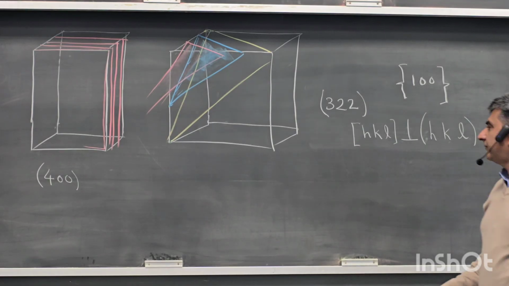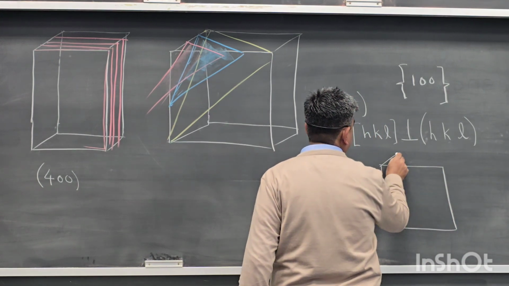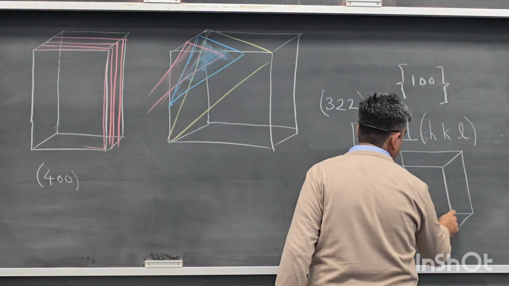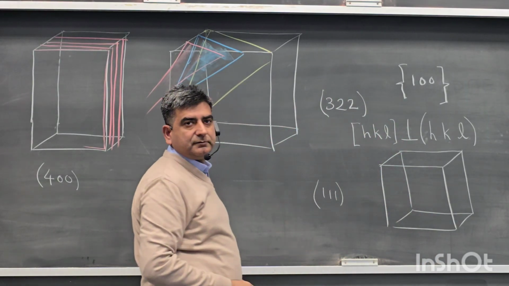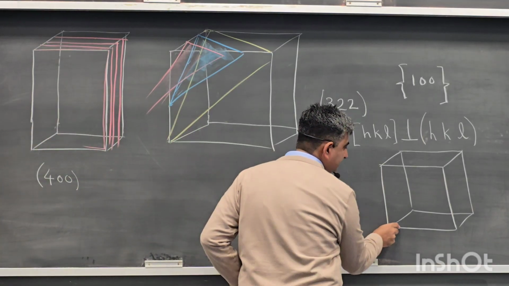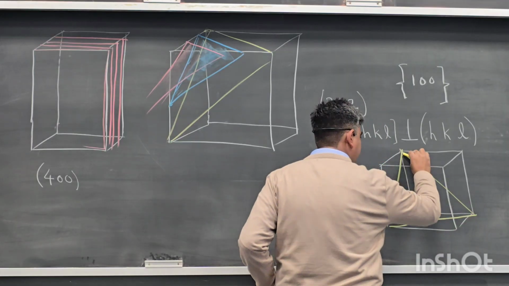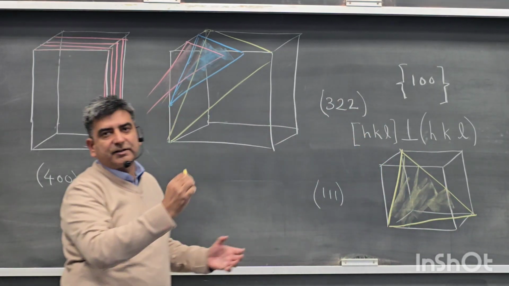For example, if in the cubic system I have the plane, suppose I have the plane 1, 1, 1. This is the plane in the cubic system. This is the slanting surface.